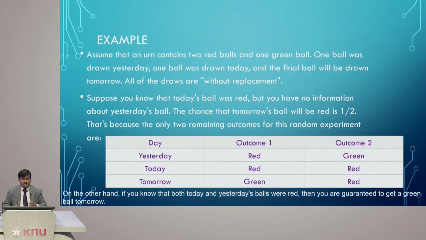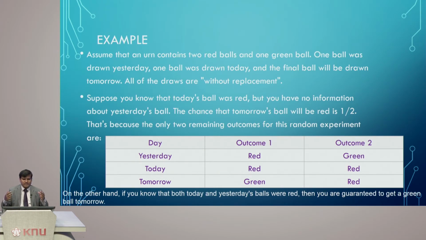Just imagine you have an urn, or a bowl, or a bag, and in this bag there are 3 balls, 2 red balls and 1 green ball. Yesterday you picked up 1 ball. Today you are going to pick up 1 ball, and tomorrow you are going to pick up 1 ball.